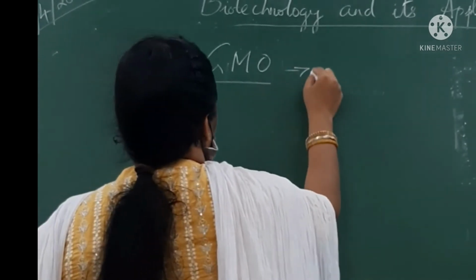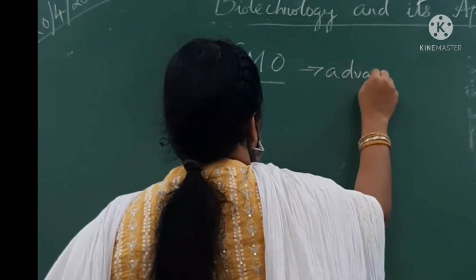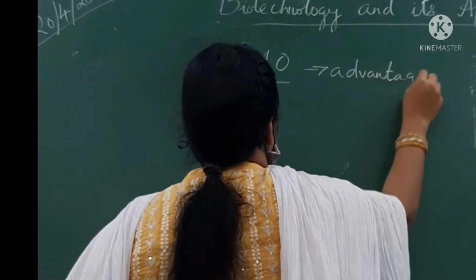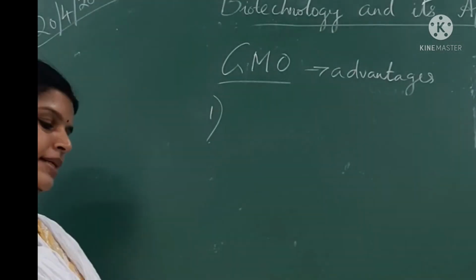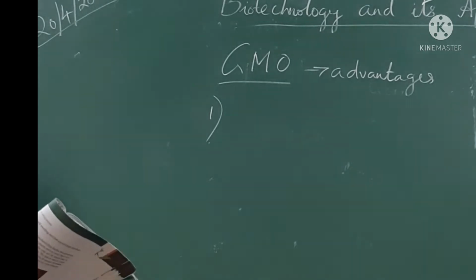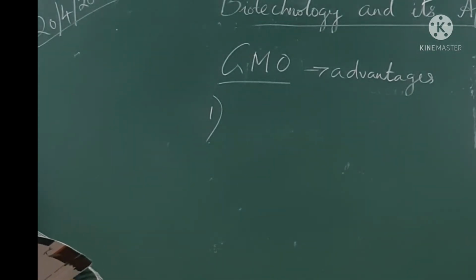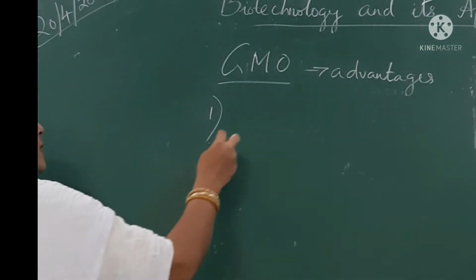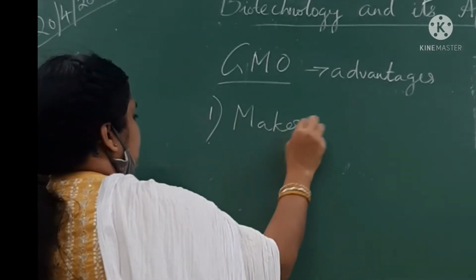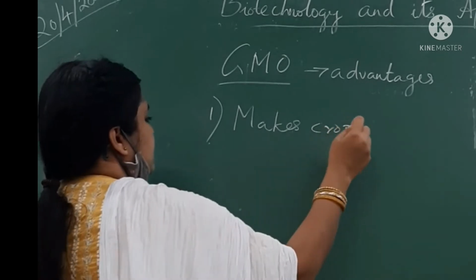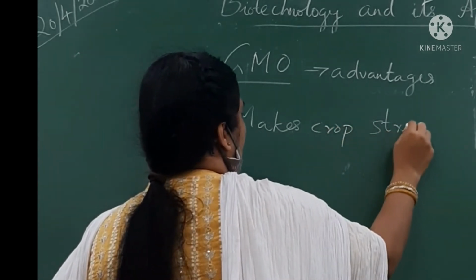What are the GMO advantages? Genetically modified organisms. First is plants. They make the plants tolerant to abiotic stresses. They make the crop stress tolerant.